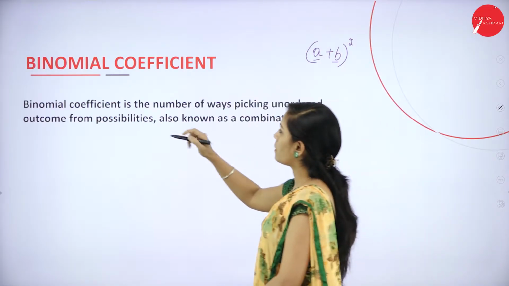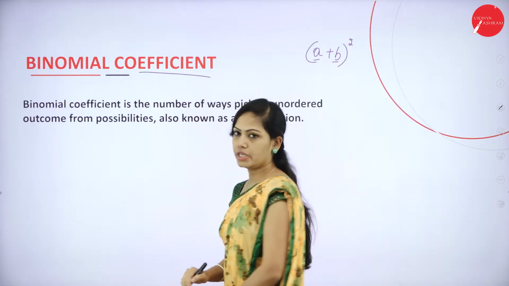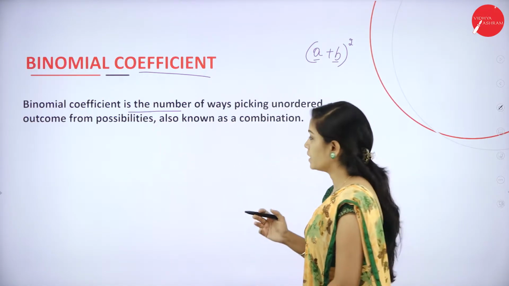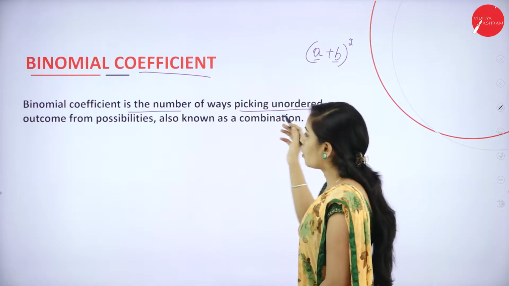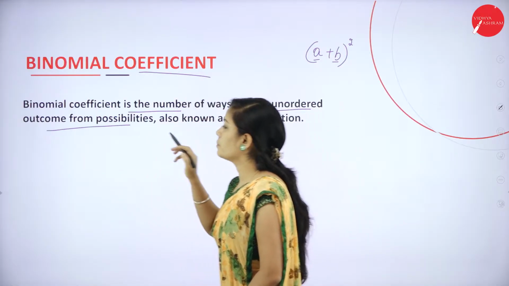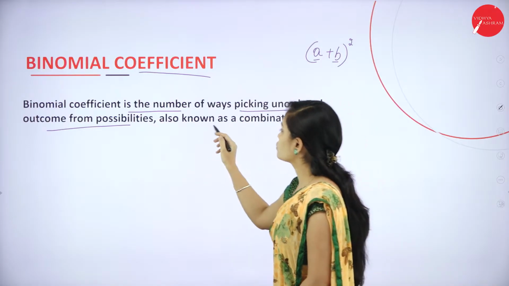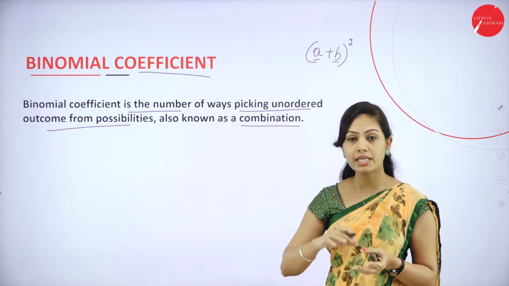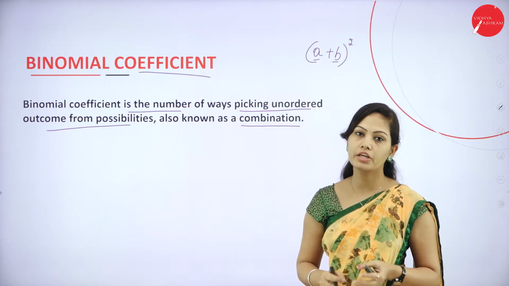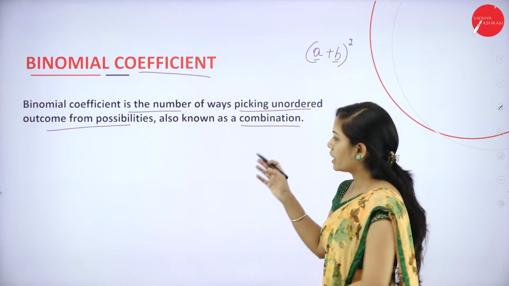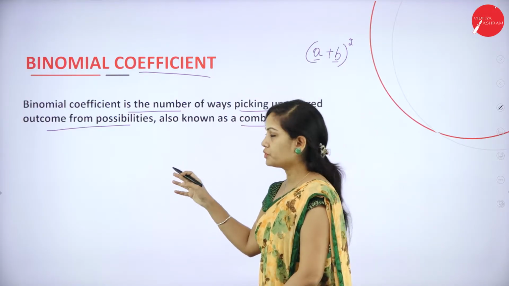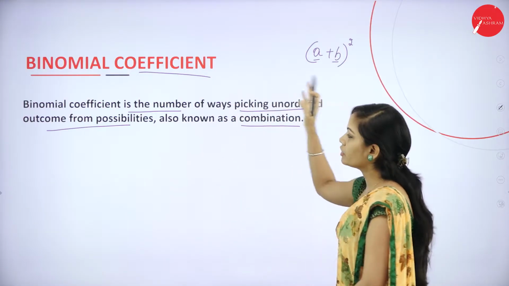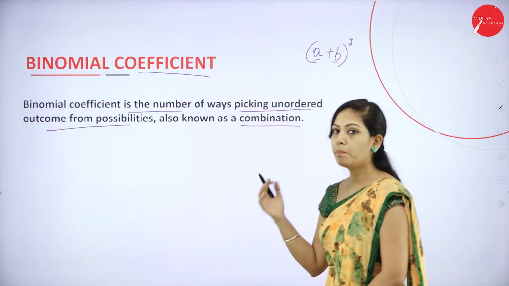And what is this binomial coefficient? Binomial coefficient is the number of ways of picking unordered outcomes from possibilities, also known as combination. Combination is a way of arranging the data in an unordered collection or list.